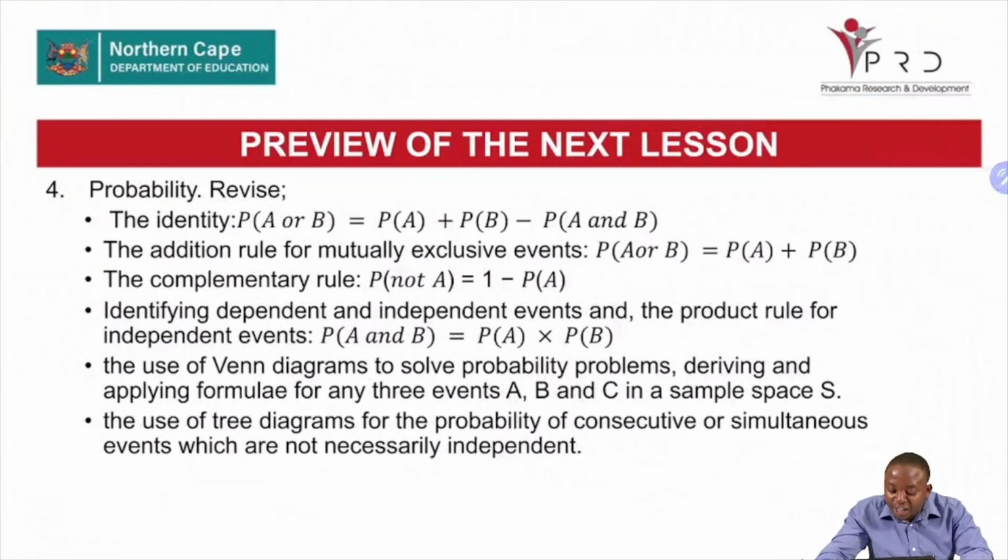We will use the Venn diagram to solve problems, deriving and applying the formula for any 2 events and 3 events in the sample space. We'll use the tree diagram for the probability of consecutive or simultaneous events which are not necessarily independent. Also, we will look at contingency tables.